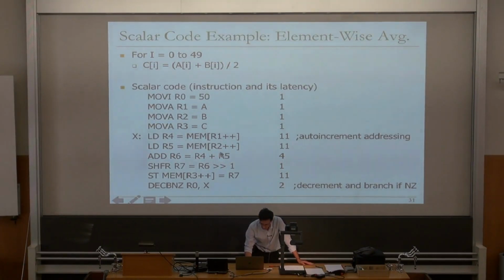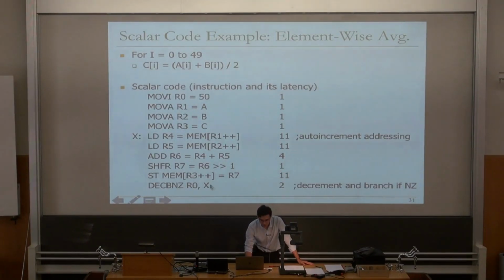Then as soon as we have register 4 and register 5, we have the corresponding values there, we can execute the addition and store the result in register 6. This takes 4 cycles, and then we shift right. You know that shifting right 1 bit is the same as dividing by 2, so we need 1 cycle to do this shift, and when we have the final result in R7, we will store the value in the corresponding memory address pointed by register 3.